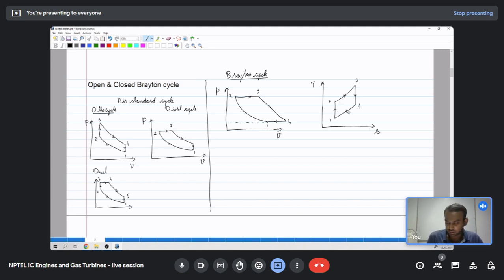Now there is something called the closed Brayton cycle and the open Brayton cycle. Here we can assume the compression happens in a compressor.